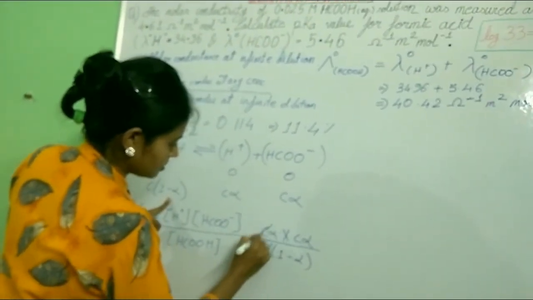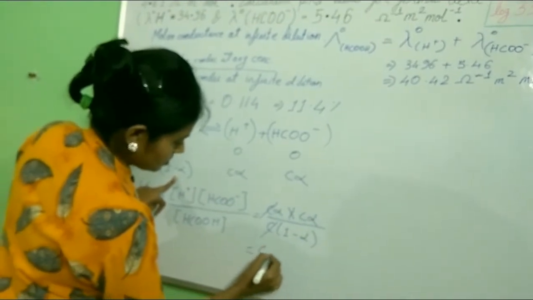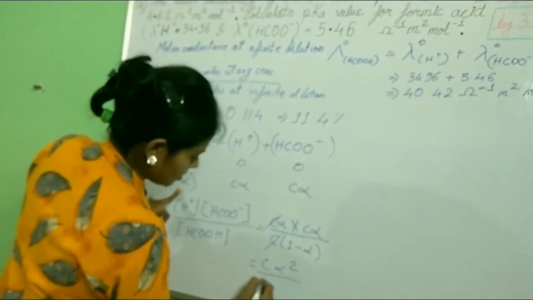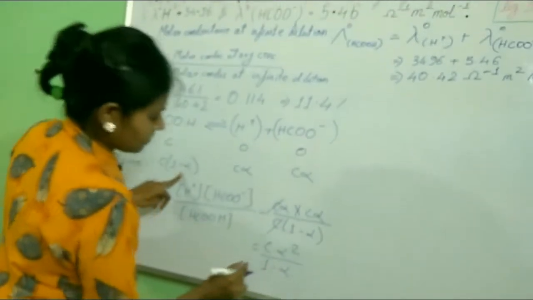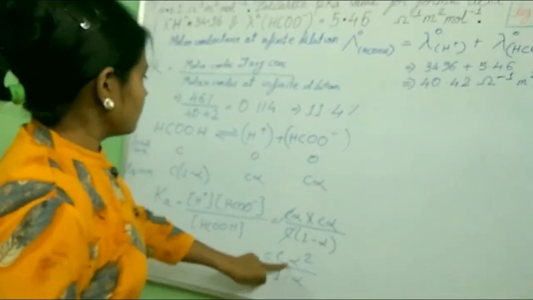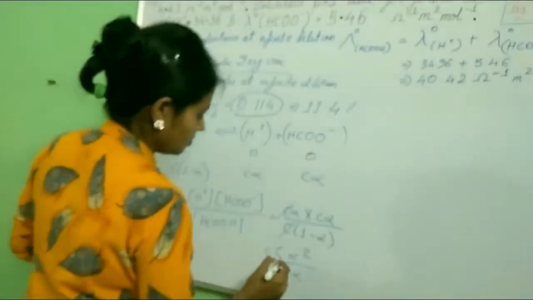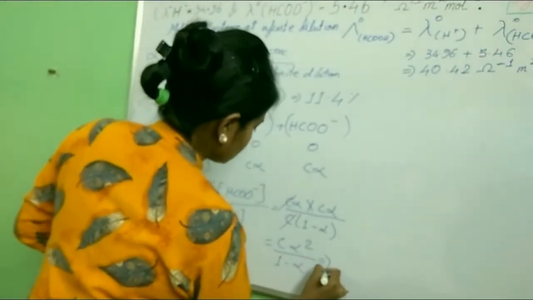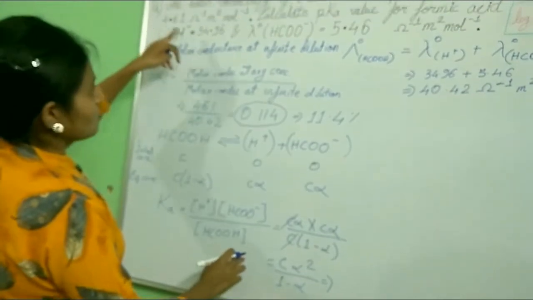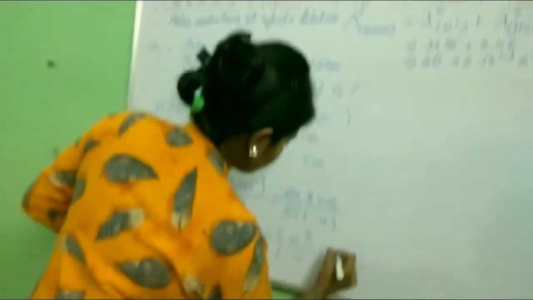This C will get cancelled. Then C alpha squared over 1 minus alpha. So alpha's value, the degree of dissociation, we have already found out, that is 0.114, and concentration is given in the question. How much is the concentration? 0.025, right?